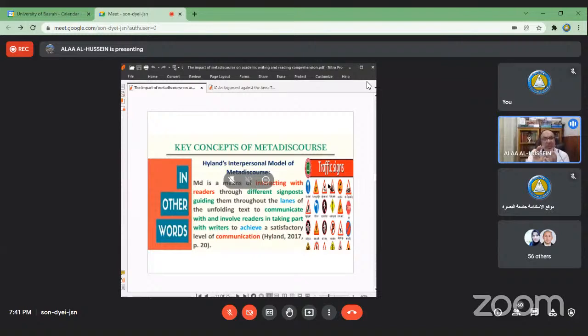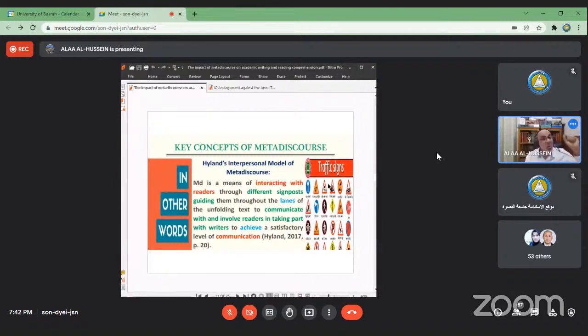So meta-discourse works as signposts in the text. They are similar to the traffic signs for the road, for the drivers, for the pedestrians. Meta-discourse similarly works as signposts for the readers, for the listeners, to understand what the writer intends.